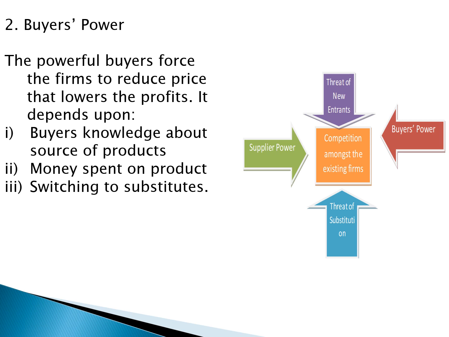The buyer's bargaining power is particularly high when, firstly, the buyers have full knowledge of the sources of the products and their substitutes. Thus, they can challenge the price being charged by the producers. And secondly, buyers spend a lot of money on the industry's product.